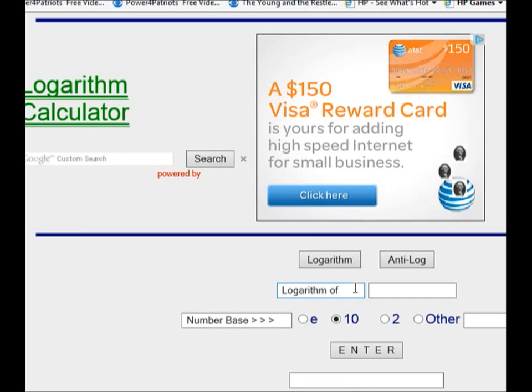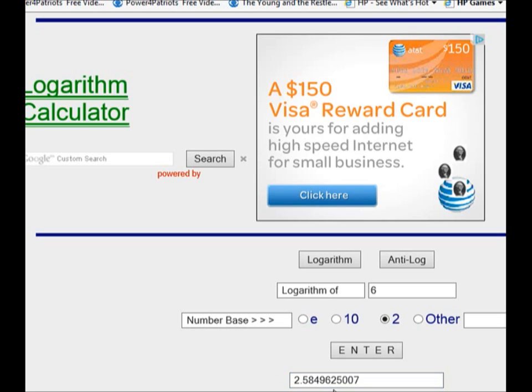When you get here, if I want the log of 6, I put 6 here. Number of base, the base can be e, the base can be 10, the base can be 2. Since I'm using 2, I put 2 and I tap enter. You see my answer is 2.58. Okay, so this is really interesting.